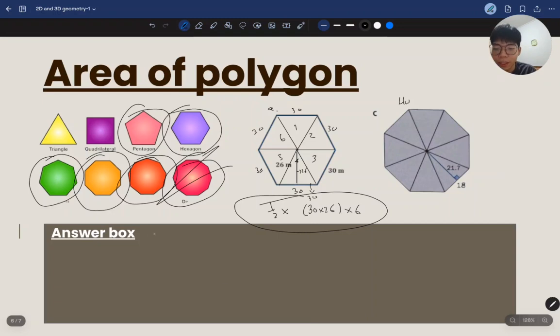So now let's do the manual calculation. 30 times 26 equals 780. We found it. So 780 times 1 over 2 is 390. So this is one triangle times 6 pieces.